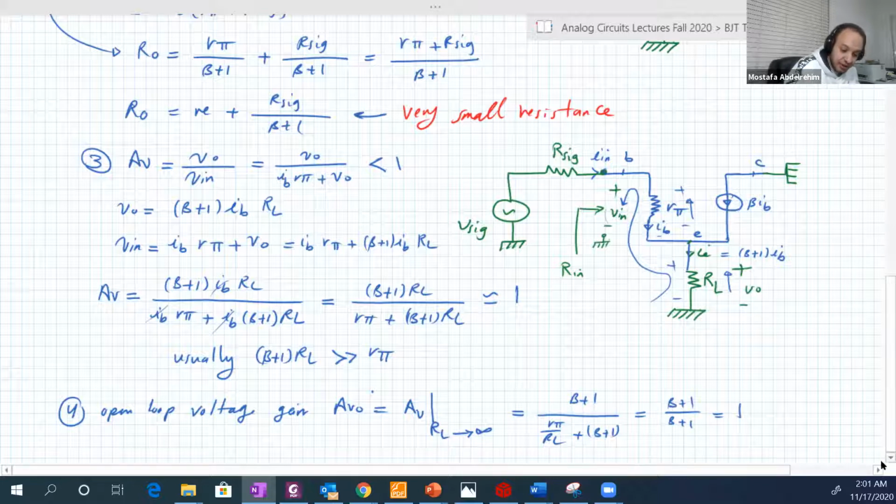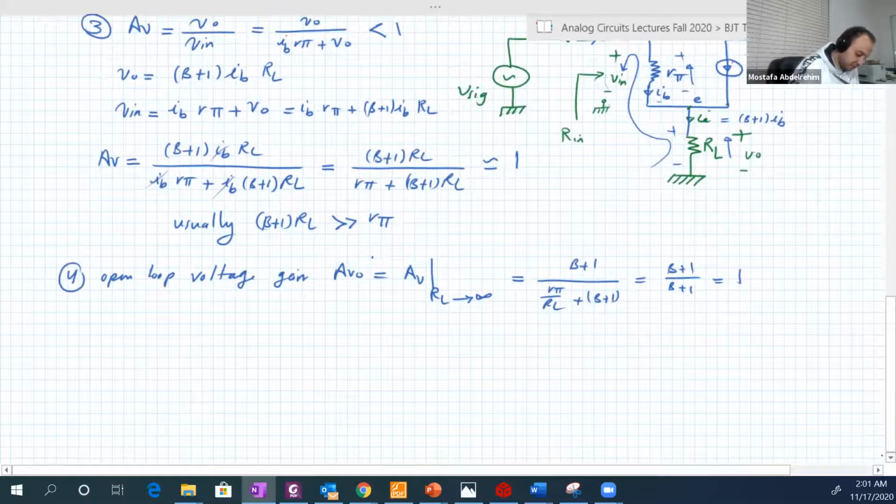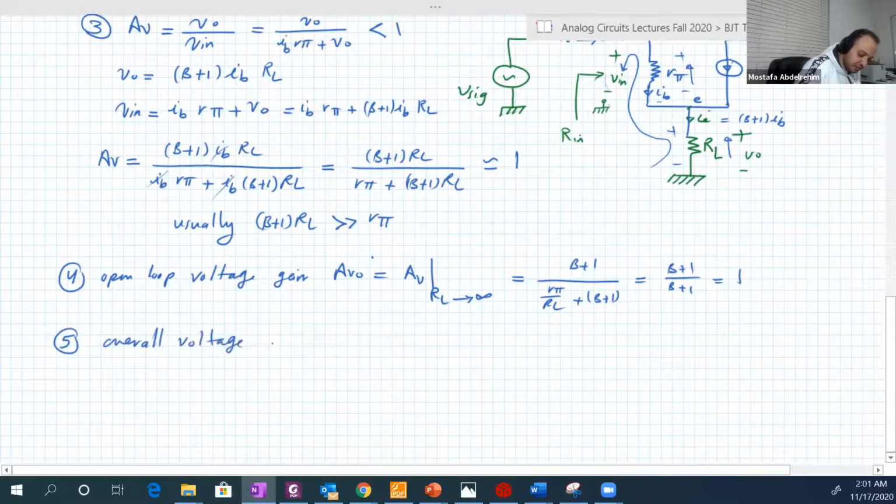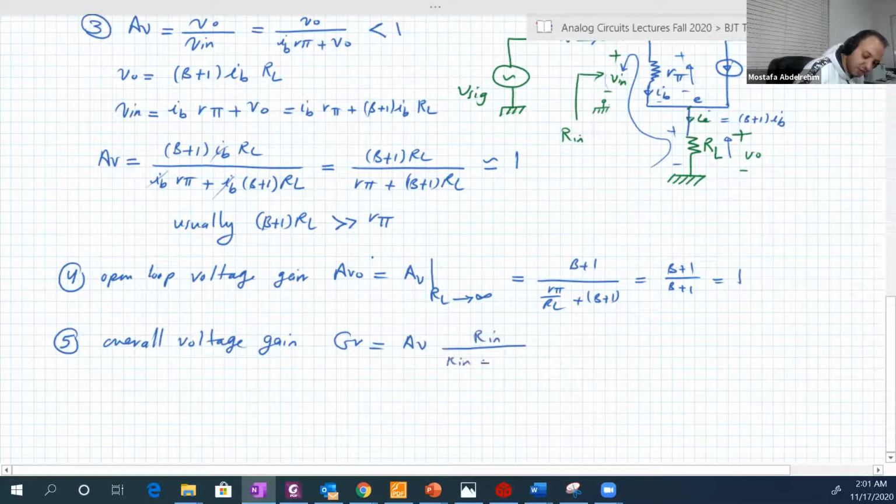How about the last stuff? Number 5, the overall voltage gain, GV. GV is equal to AV times R input over R input plus R signal. So AV is close to 1.